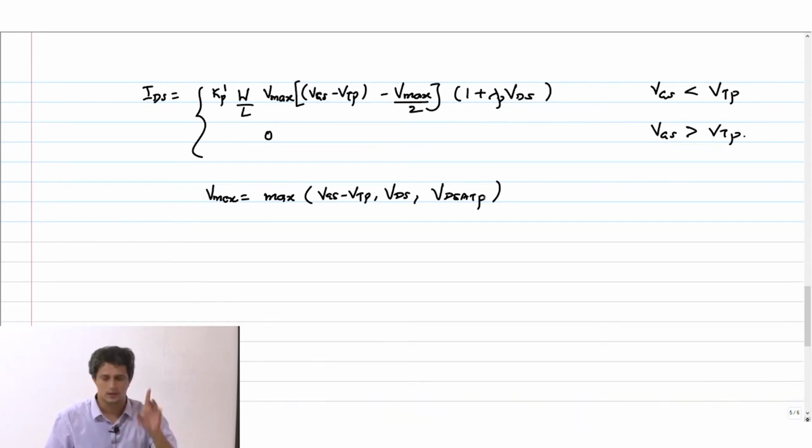VDS is whatever VDS value. If it's minus 0.2 volt, you substitute minus 0.2 volt in this. You just put negative values. Exactly whatever mathematically this equation says, you just follow it. That's why I'm not trying to write this in terms of mod, because that becomes confusing, especially when you bring in the threshold voltage and all that.